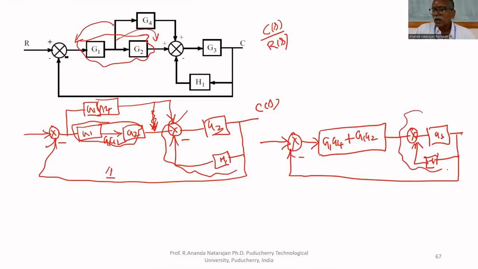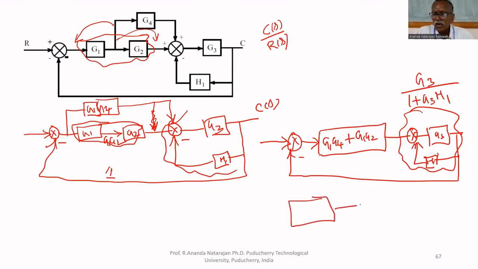Now the innermost part is this. This can be simplified. Use the seventh rule. We can write G3 upon 1 plus G3 H1. So this block is reduced. Now you will get one block here, another block here.